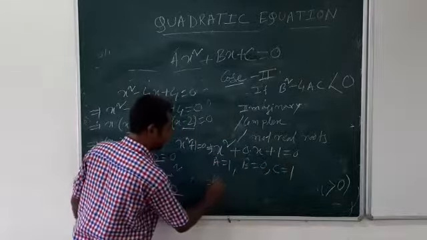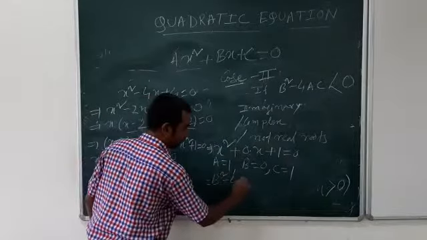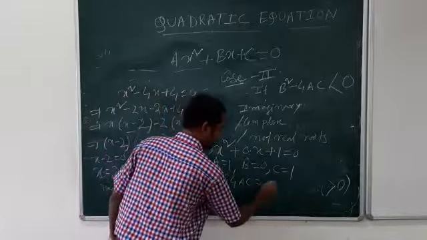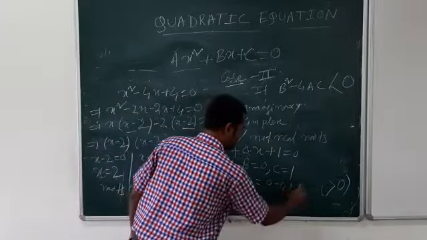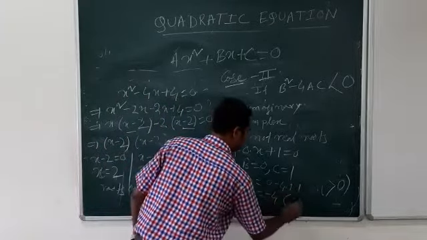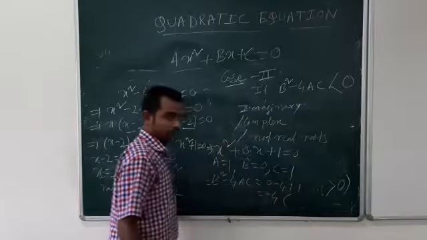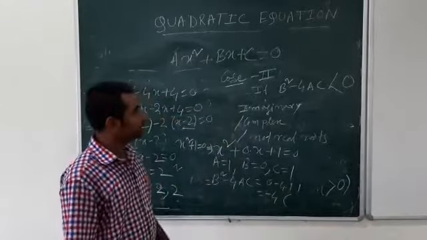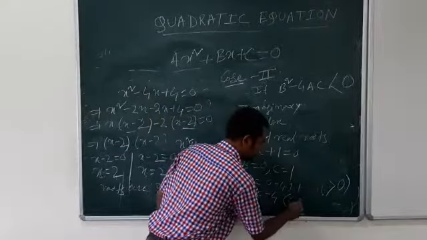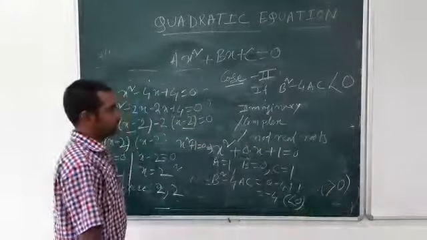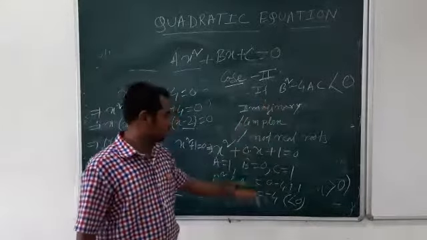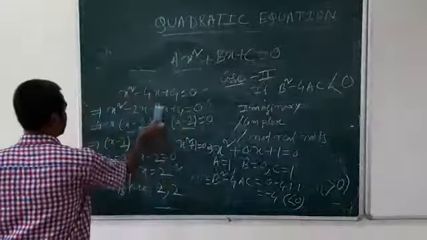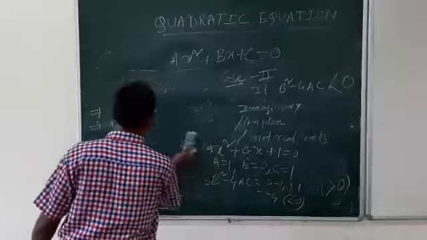So the discriminant b square minus 4ac is 0 square minus 4 into 1 into 1, that is equal to minus 4. Minus 4 is always less than 0, so it satisfies the property. In that case, we get imaginary roots. It is in class 11, not class 10.